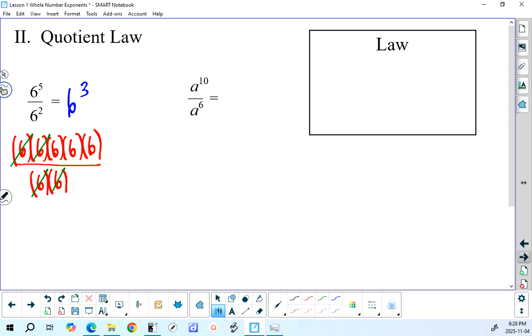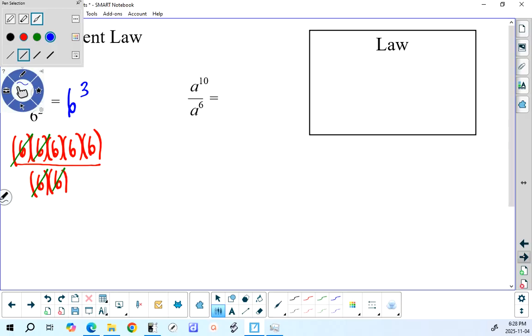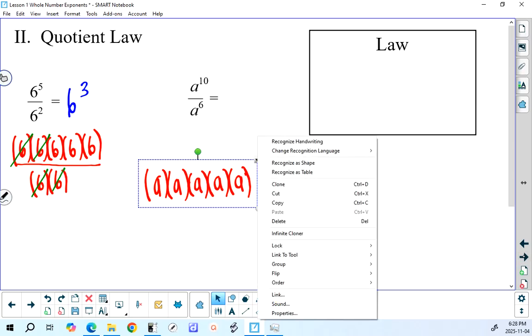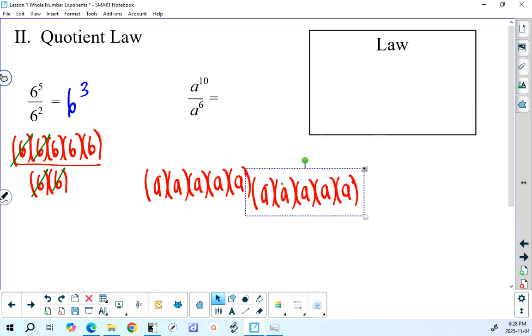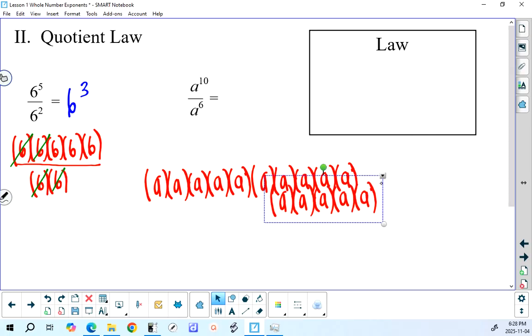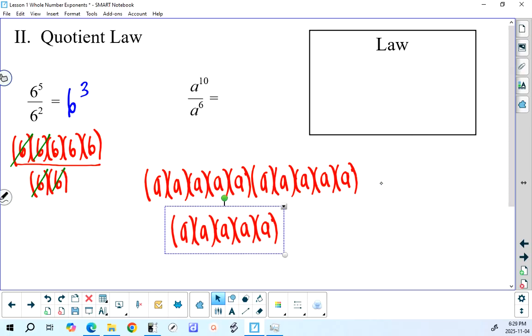If I look at this next one, I have a multiplied by itself 10 times. So there's 5. I'm getting a little tired of writing, so I'm just going to clone this piece. This is the a to the 10, and we are going to divide that by a to the 6.